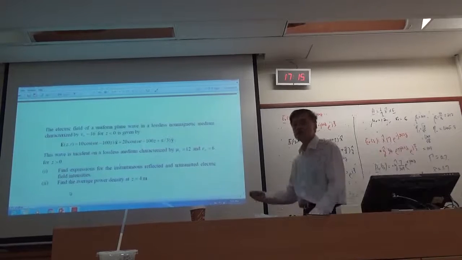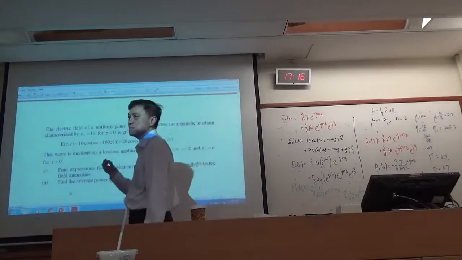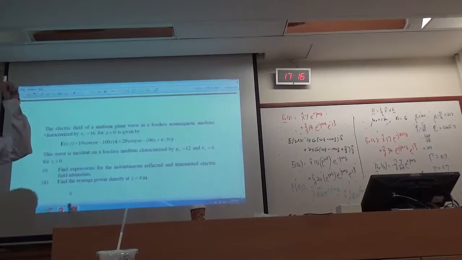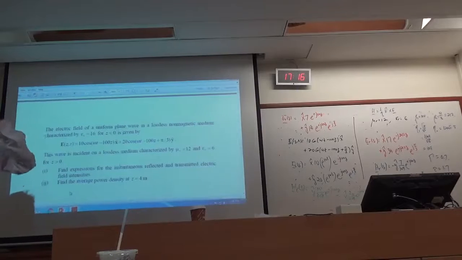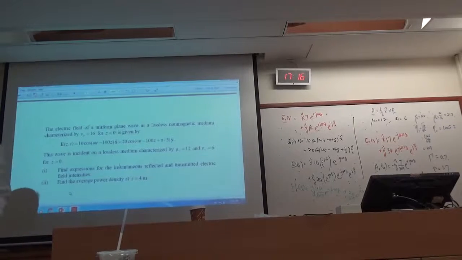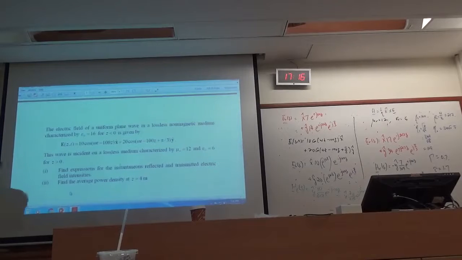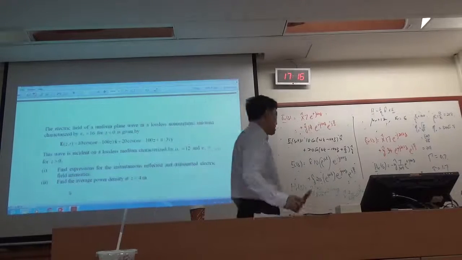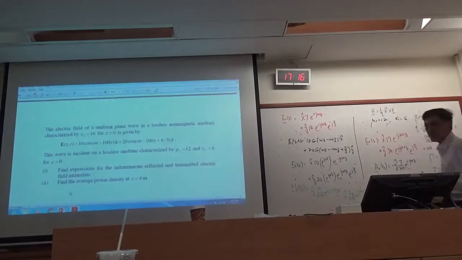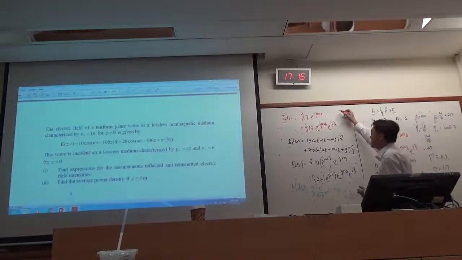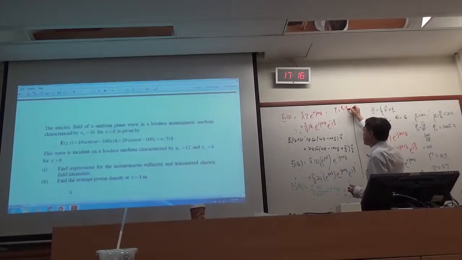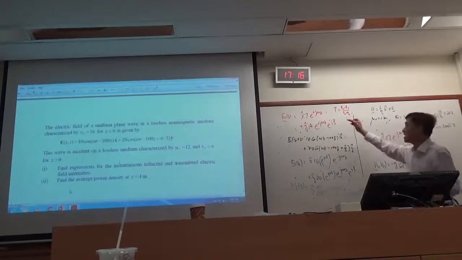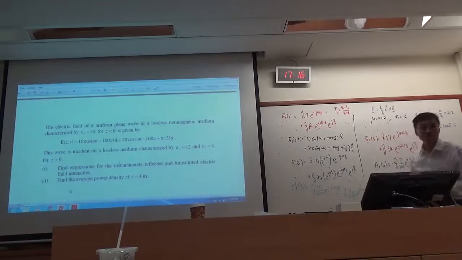So you see that you can either use your equations or use a simple rule: if the electric field changed polarization, the magnetic field won't change. If the electric field didn't change, the magnetic field must change. Probably you do not know that because we never showed you, because we did not want to confuse you. Actually gamma equals zeta 2 minus zeta 1 over zeta 2 plus zeta 1. Remember we derived this for the electric field, gamma for the electric field.